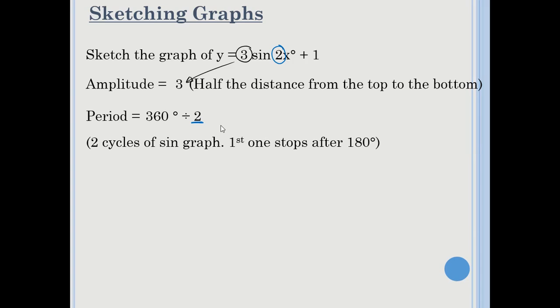So there are going to be 2 cycles of the graph, and the first one is going to end at 180. The second one will be between 180 and 360. We know that the graph is going to move up by 1 place because we've got this plus 1 at the end of the equation.